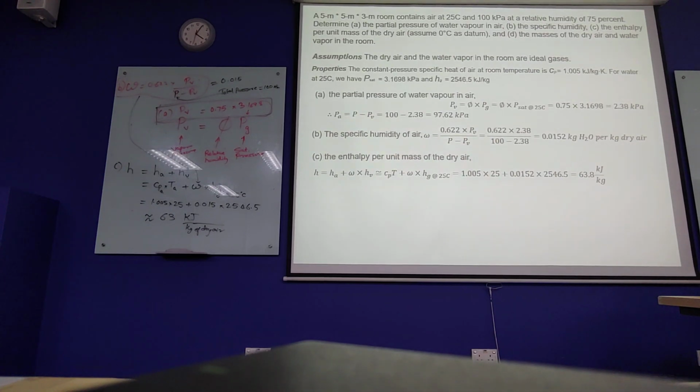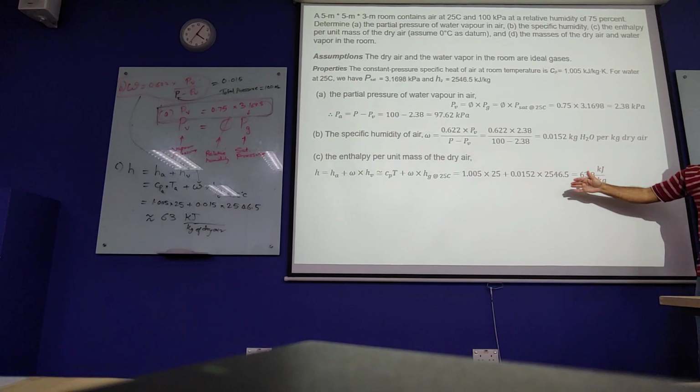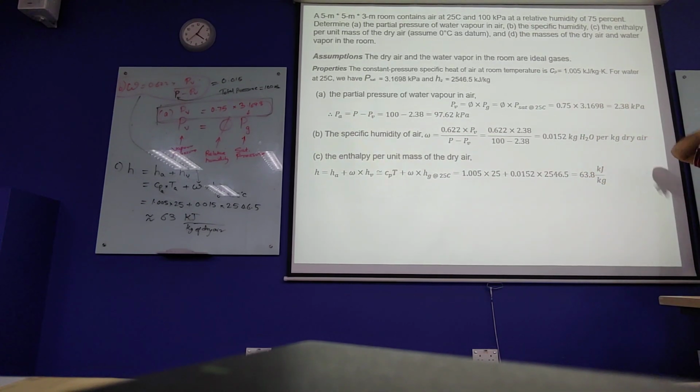Anyone who has finished part A, B, C, try to find D, which is the mass of dry air and mass of water vapor. Don't just wait for me to solve it.